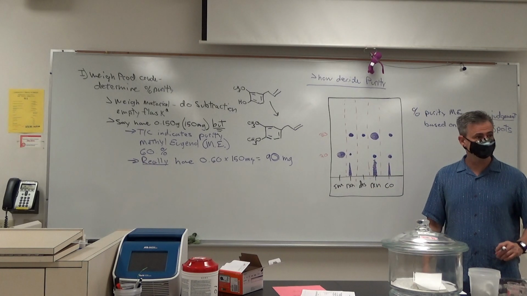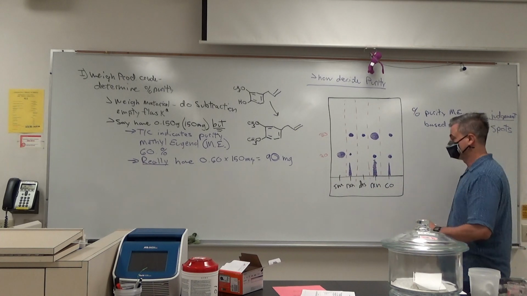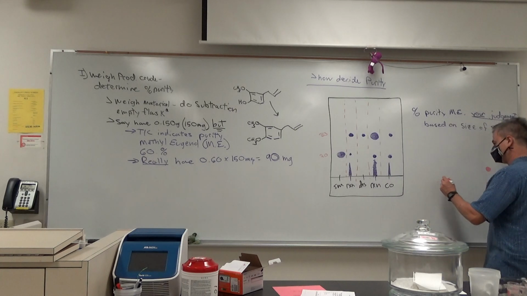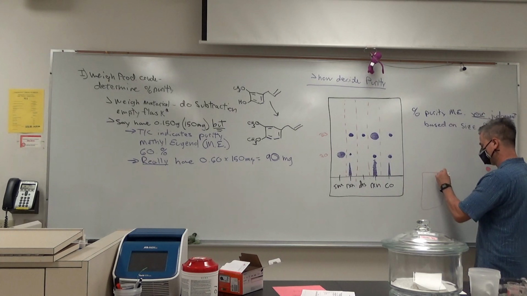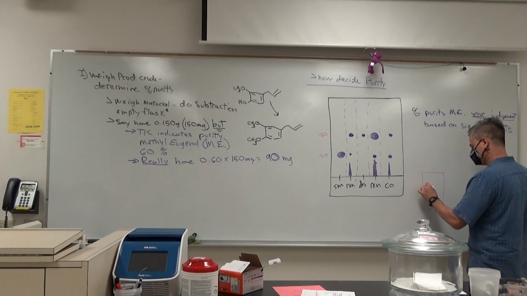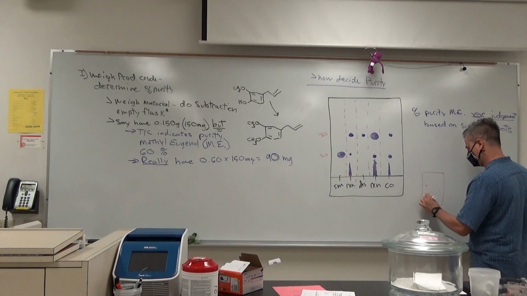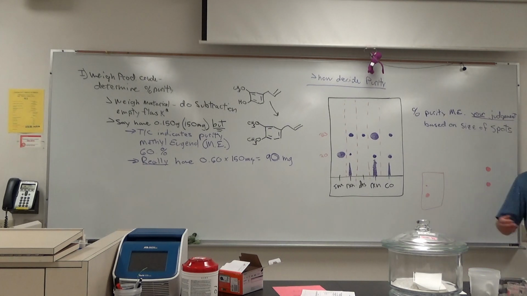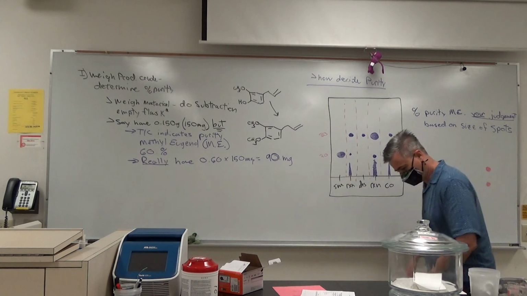Does that make sense? And I have students sometimes, and I don't want you to be upset with yourself, where here's the product, here's unreacted starting material, and you think this is only 10% of the Eugenol. I don't care. It's all good. It's going to be okay.